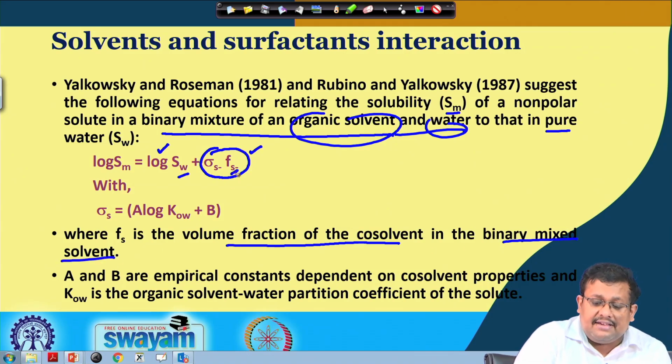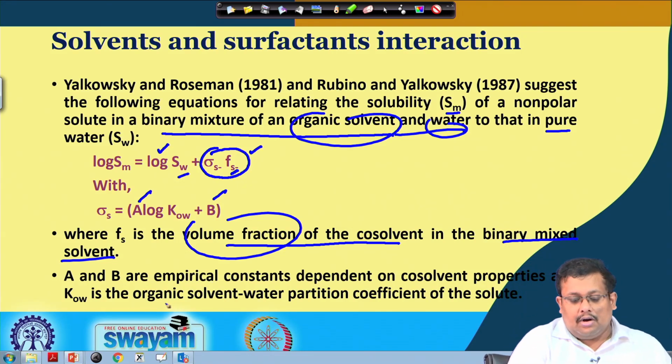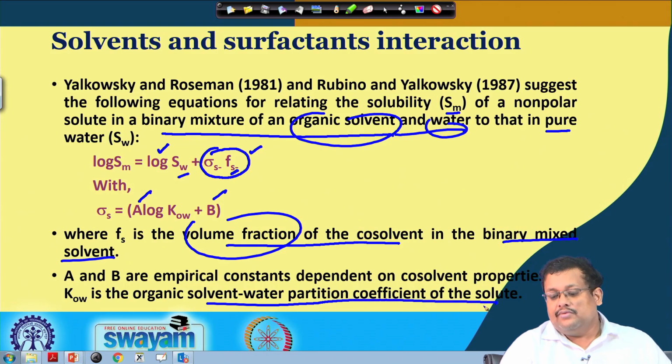Here A and B are the empirical constants depending on the co-solvent properties, and Kow is the organic solvent water partition coefficient of the solute. We have discussed already the partition coefficient.